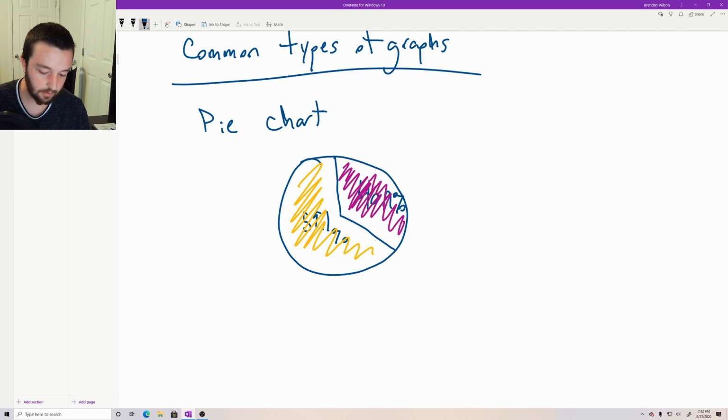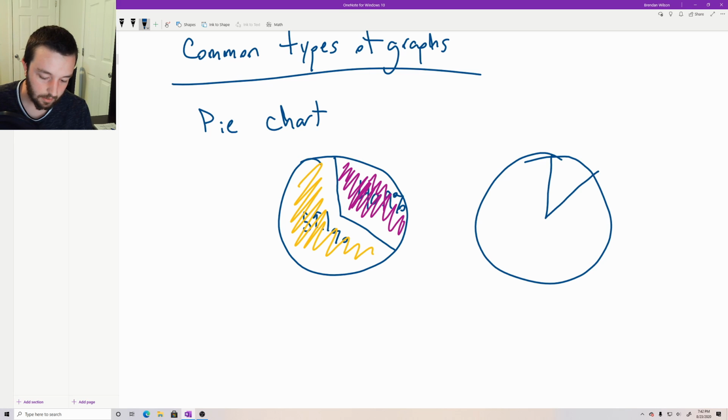I'm sure that this is nothing new, that you've at least seen this before. If we have more quadrants like this, maybe this is like 33%.